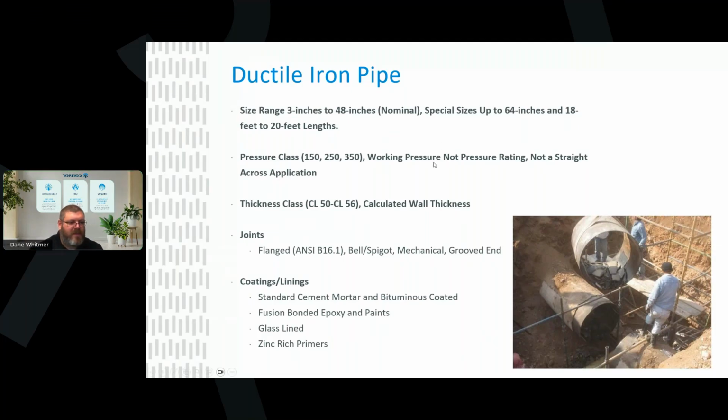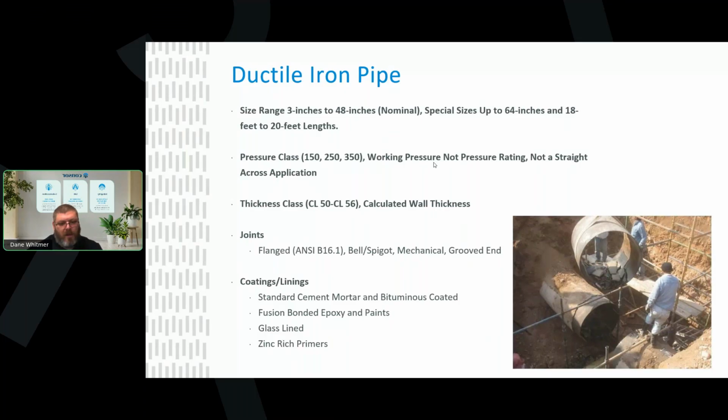So joints, you have flanged, bell and spigot, mechanical, grooved end type joints. Standard coatings that you can see is cement mortar lined. Externally, you'll see bituminous coated. You can get paints, which are fusion bonded epoxy, both internal and external.